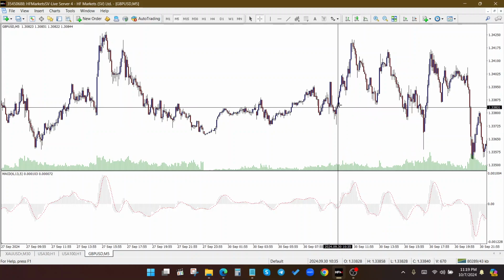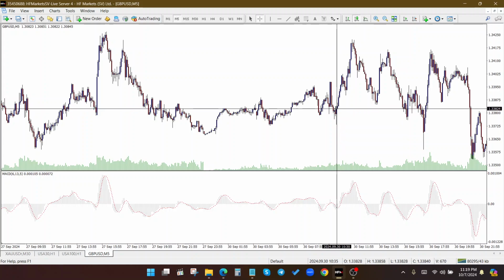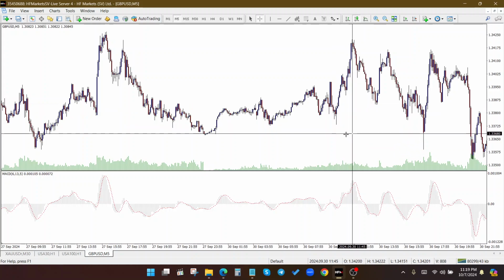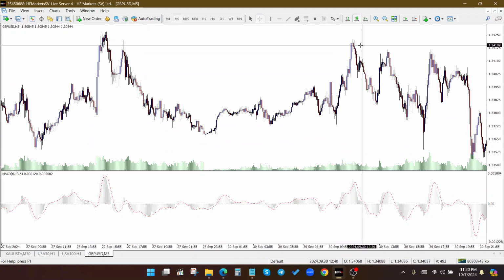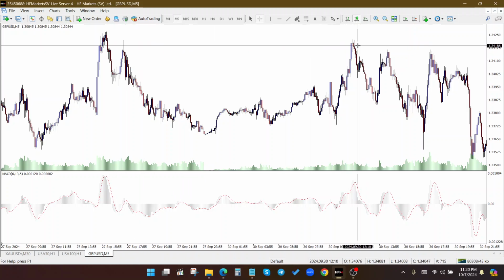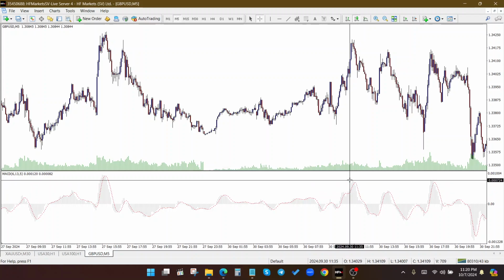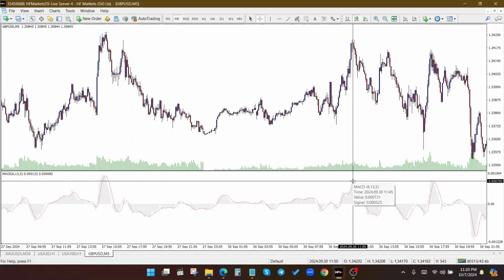So you can enter your buy trade right about that point after the crossover, when the histogram bars begin to form. You can set your stop loss below the swing low and then target the nearest resistance. For example, there was a resistance around here for your take profit, or you can wait for the MACD line to begin to curve downwards.